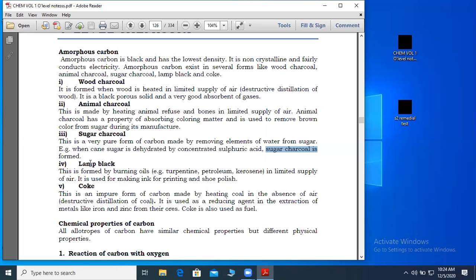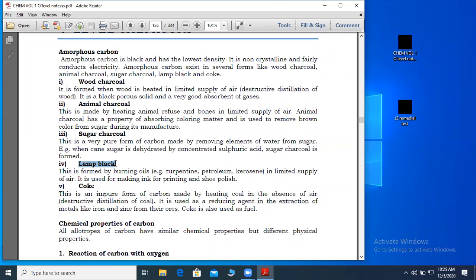Let us go to lamp black. Lamp black, I told you the other time. How many of you have ever used a paraffin lamp? At least if you have grown up in urban centers, if you have grown up in Kampala, ask your parents later on.